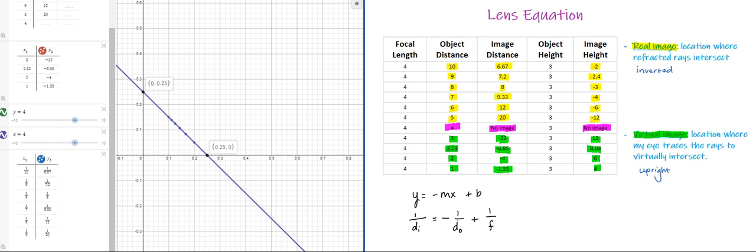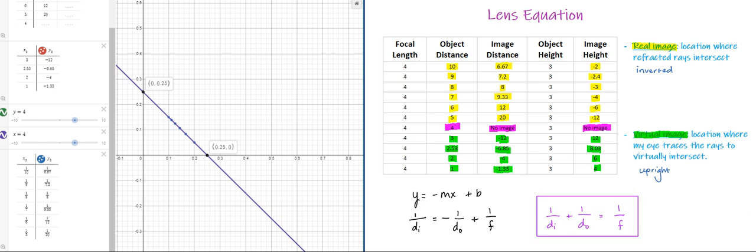So now if I rearrange this slightly just so I can get rid of this negative sign, what I see is 1/(the image distance) plus 1/(the object distance) equals 1/(the focal length). And this is known as the lens equation.